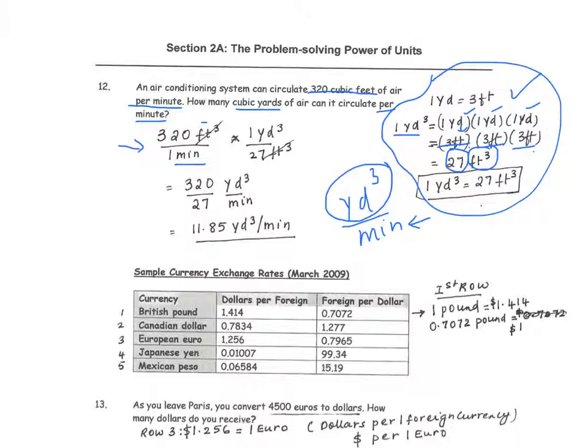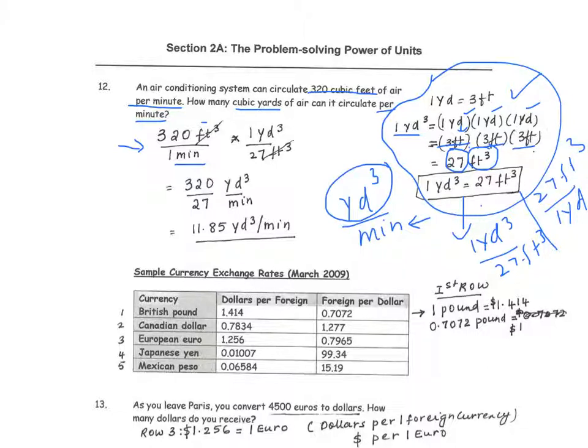Now we've done this before. We have two fractions, 1 cubic yard over 27 cubic feet, or 27 cubic feet over 1 cubic yard, and we multiply with either one of these fractions depending on what we really want.